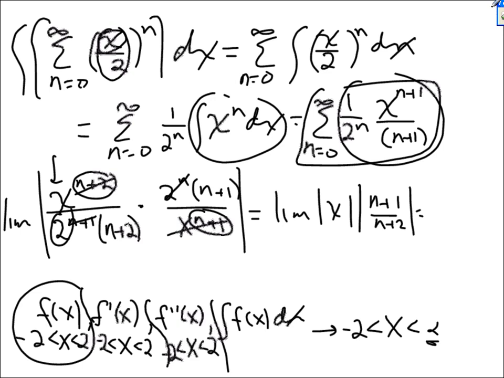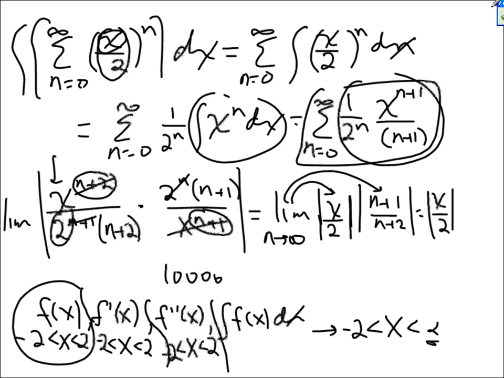And here it looks like we get a different answer. No, we got x over 2 again. The limit of this doesn't have anything to do with n's, so it stays the same. The limit of this is 1. Take a really, really large number and add 1 to it, and in the bottom, take that same large number and add 2, you're going to have 1.